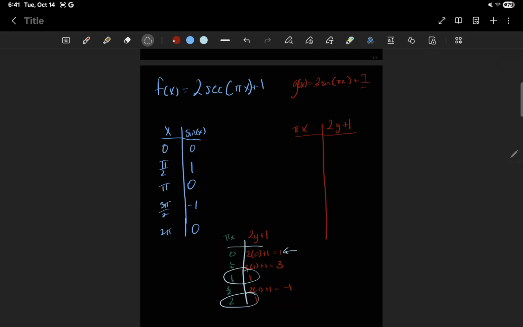So just going to fill this table in. So our points are 0, 1/2, 1, 3 over 2, and 2. And the other points are 1, 3, 1, negative 1, and 3. And so, cool, now I can erase this.